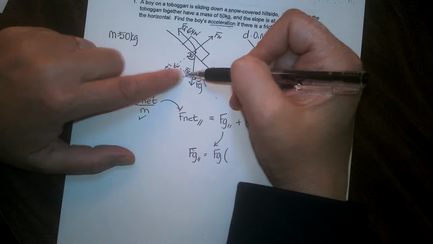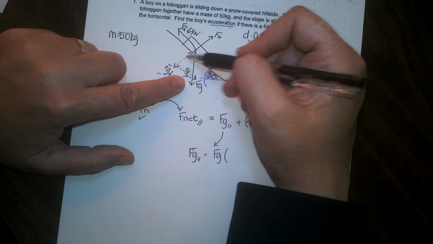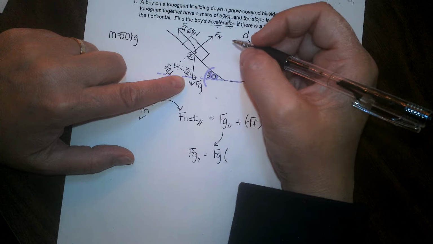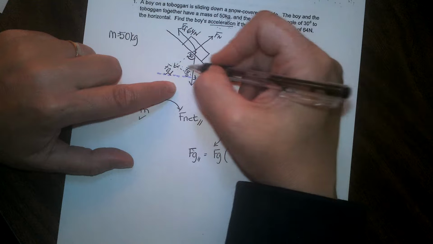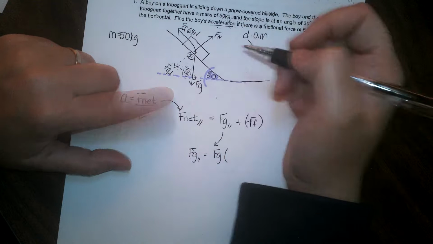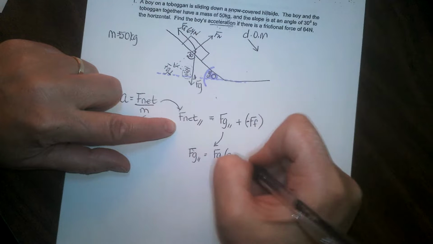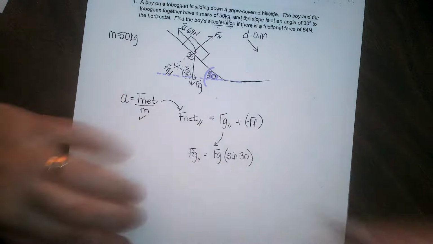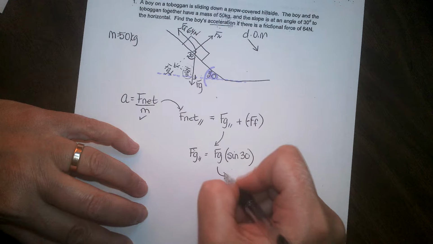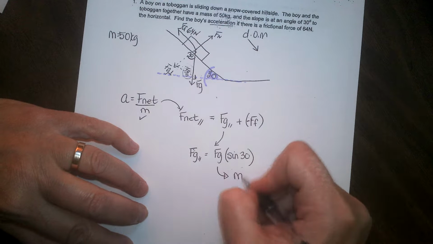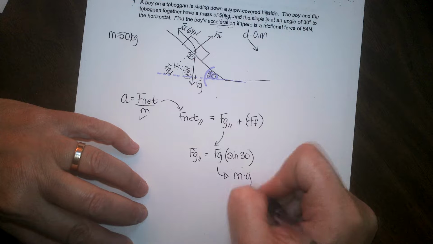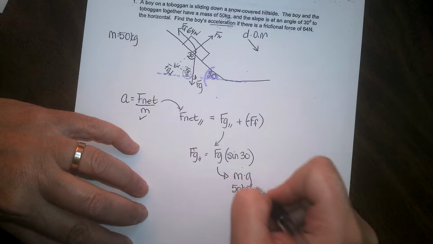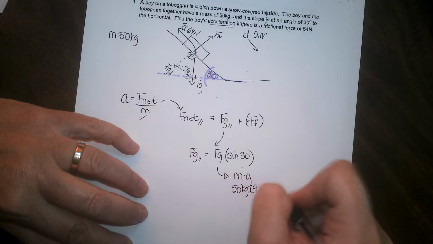Is force of gravity parallel adjacent or opposite of the 30 degrees? Opposite. So it's going to be the sine of 30. And the true force of gravity is mass times acceleration due to gravity, so 50 kilograms multiplied by 9.81.